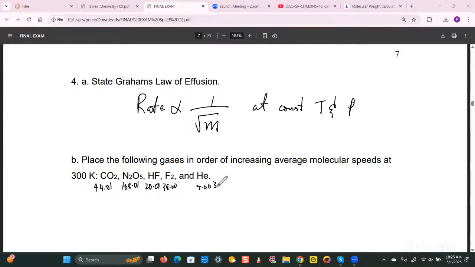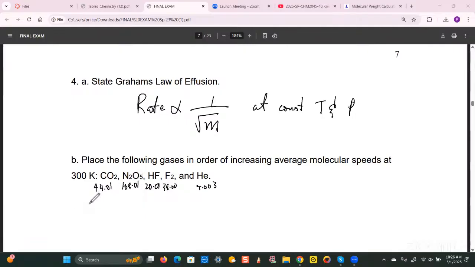Now that we have the molar masses, then what? Remember, we're starting from the slowest to the fastest. Which would be the slowest? Remember, the heavier molecules are the ones that move the slowest.